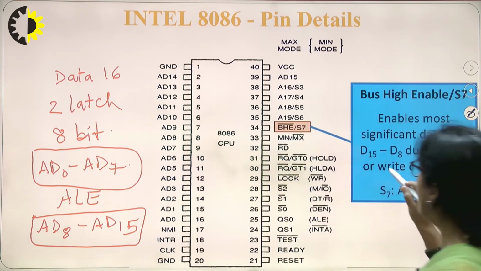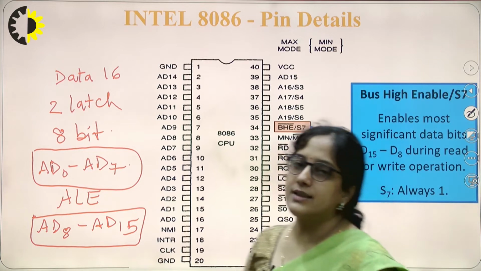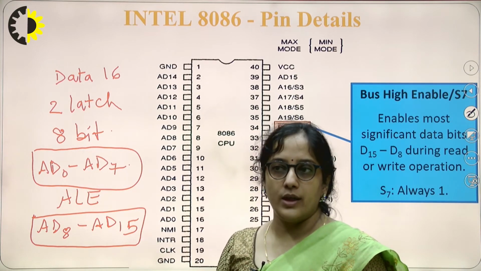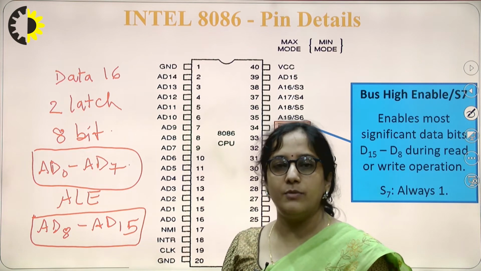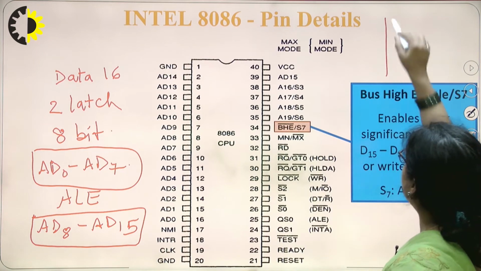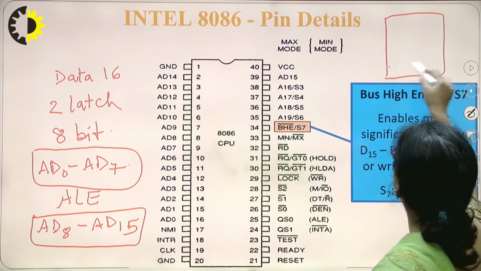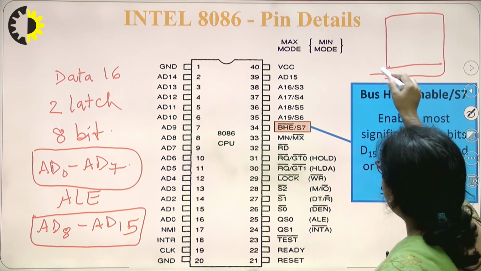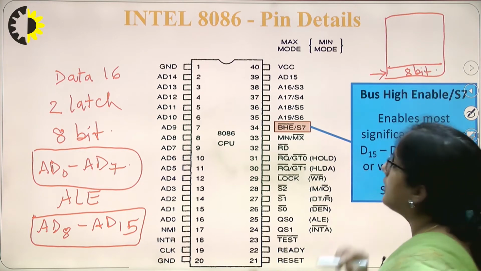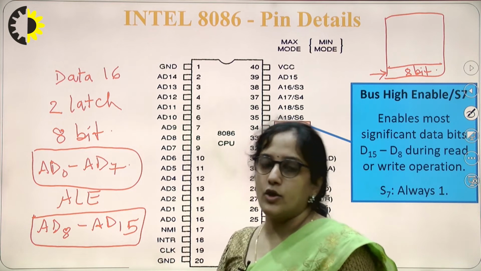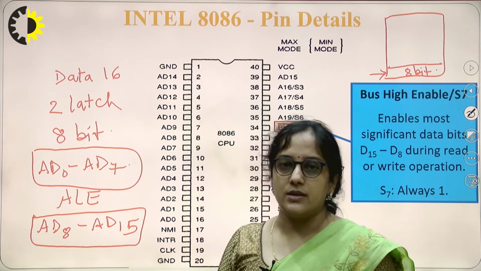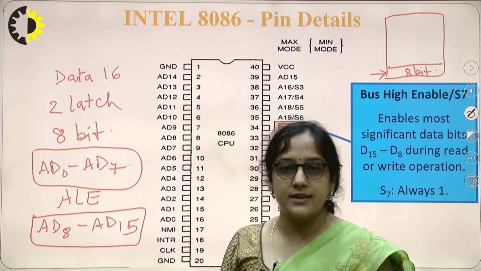And this BHE signal has one more application. Our memory contains 8-bit data. In a memory of 1 megabyte or 2 megabyte, each register is 8 bits. But the 8086 needs 16-bit data to process, as it is a 16-bit processor.